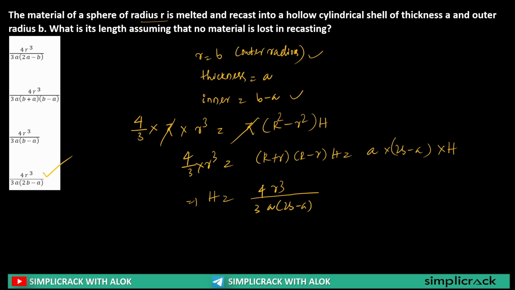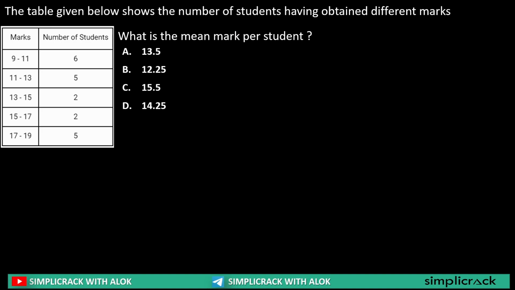Very easy, but after seeing this question, we are feeling terrified. The table given below shows the number of students having obtained different marks. What is the mean mark? So now, the mid values are 10, 12, 14, 16, 18.